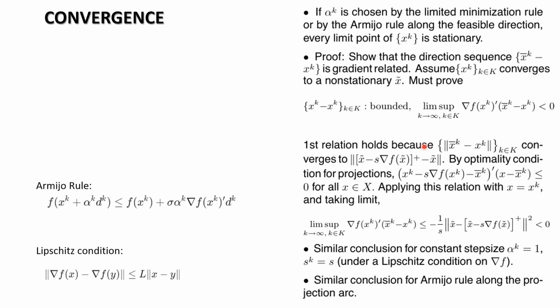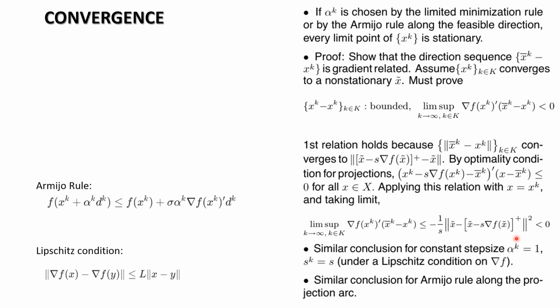We need to prove that the norm of x bar k minus xk is bounded, and that the limit superior of this correlation is less than 0. This confirms the direction sequence is gradient related, which allows us to apply the convergence theorem.